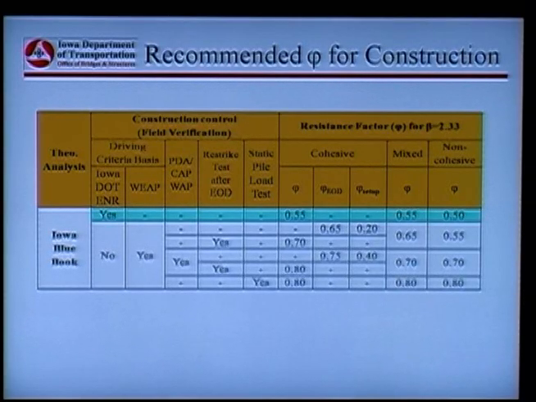If you use the Iowa DOT ENR as your construction control method, the capacity or resistance determined by the ENR formula will be multiplied by these resistance factors to give you the factored resistance, whether it's in cohesive materials, mixed materials, or non-cohesive materials.